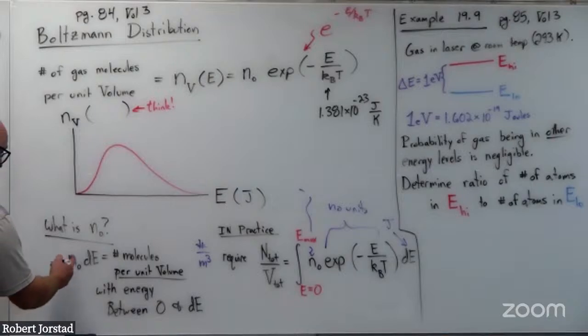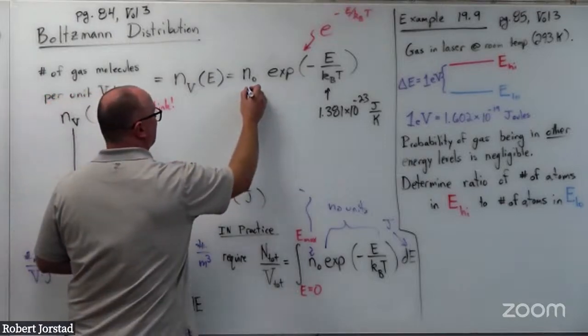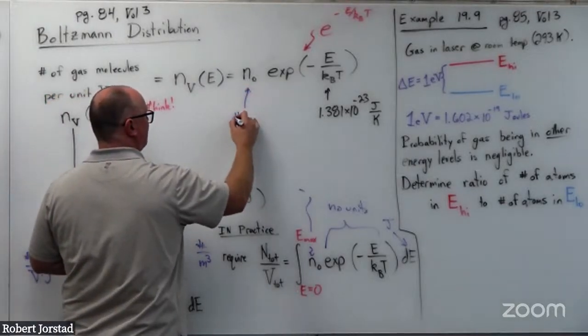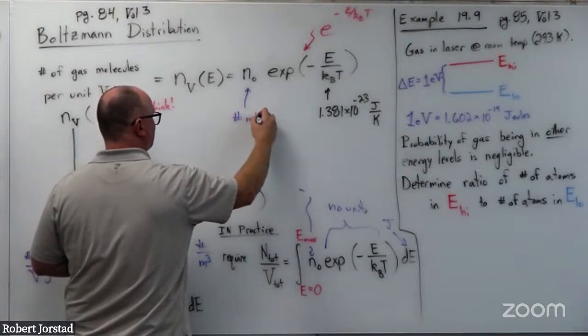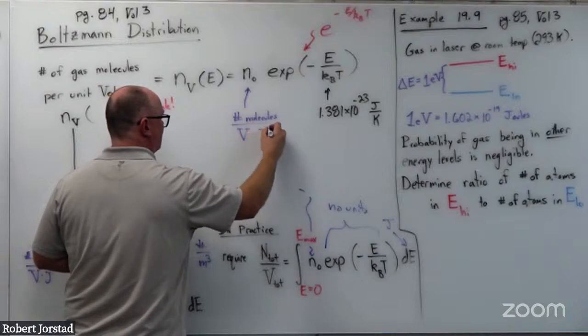So in this case, n naught will be number of molecules per unit volume, times joules. So when I plug that in, this one is number of molecules over volume times joules.